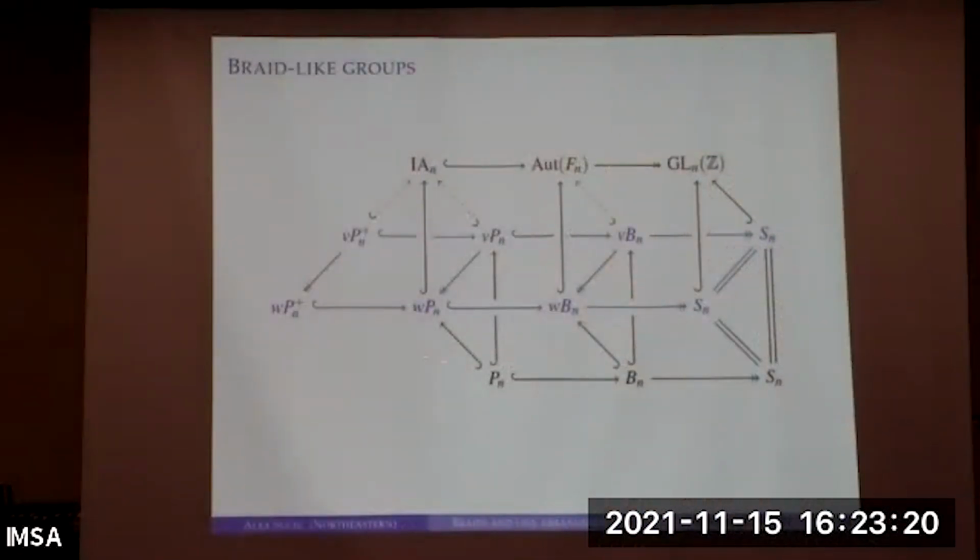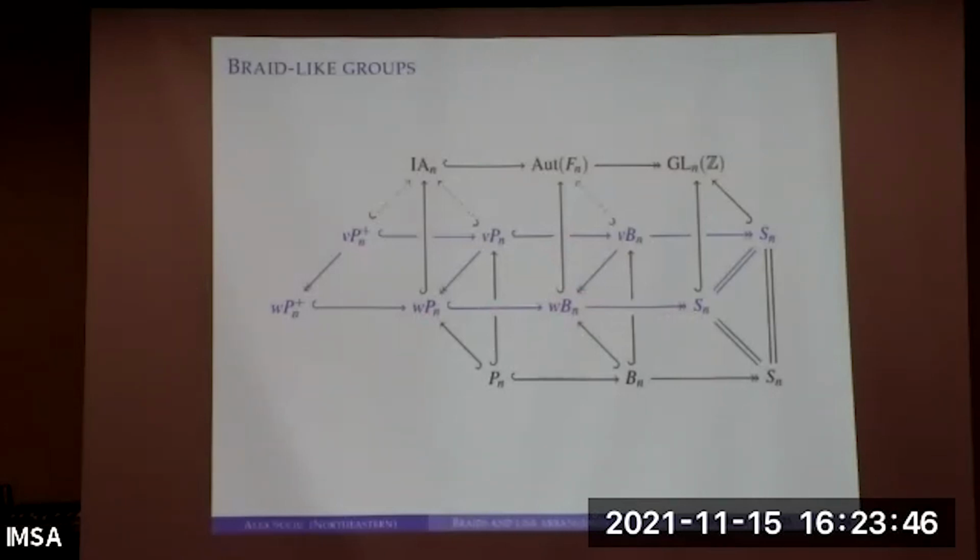This exact sequence, P, B and S_n, appeared also in other talks. Everybody talks about it. We cannot even talk about braid groups without talking about this exact sequence. But there are some other related groups here, V for virtual and W for welded, which I'm going to explain.